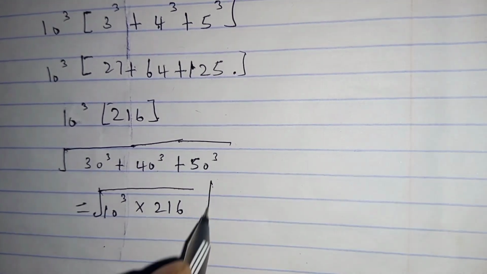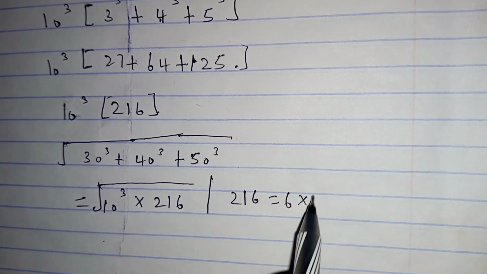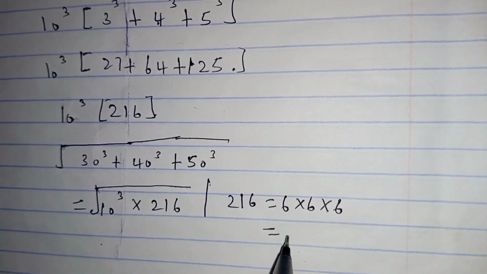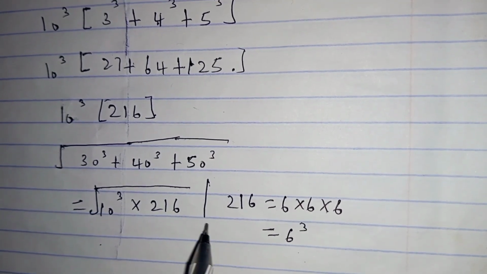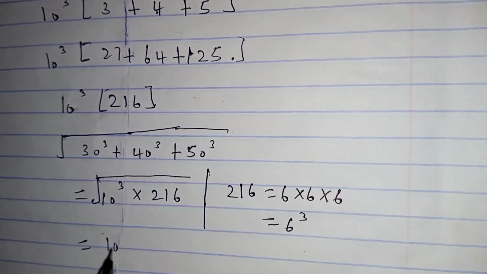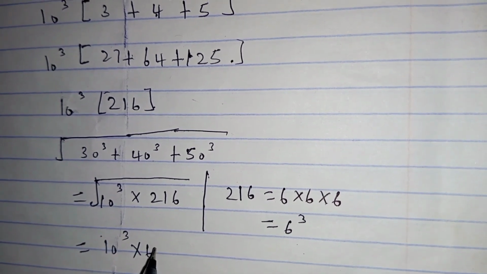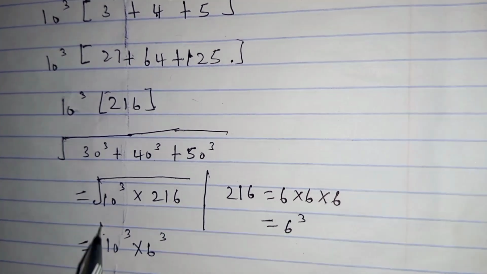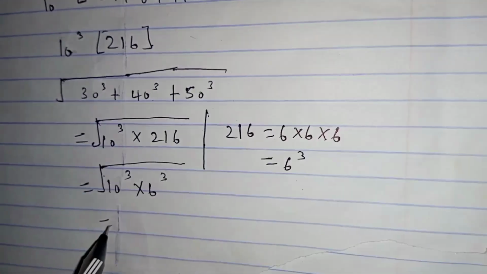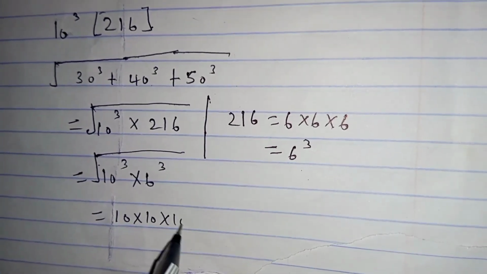So note that 216 is the same as 6 times 6 times 6, which is equivalent to 6 cubed. So this is equal to 10 cubed multiplied by 6 cubed, everything square root. Next, we write 10 times 10 times 10.